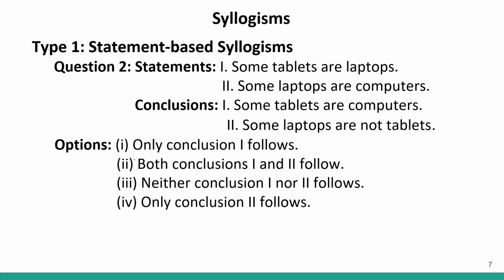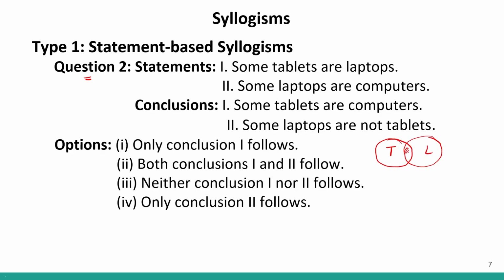Now, moving on to question number 2. Again, a set of 2 statements and a set of 2 conclusions, and we have to tell which of the conclusions follows. That means we have to tell which of the conclusions will definitely be true. Okay. Statement 1 is some tablets are laptops. So if I have to draw the Venn diagram of some tablets being laptops, I will draw it like this.